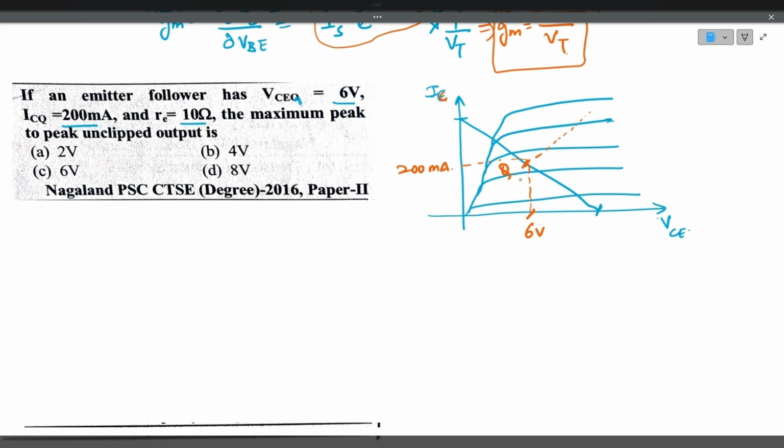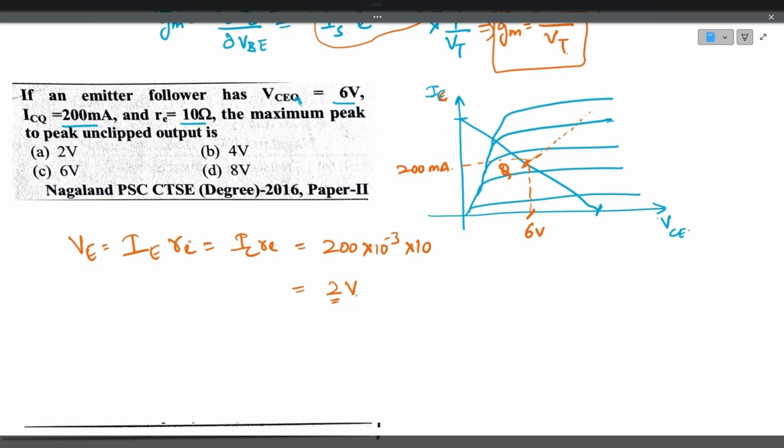Now the maximum peak-to-peak unclipped output is what we need to calculate. This is the midpoint. The emitter voltage is the emitter current multiplied by the emitter resistance. Here I am considering emitter current equal to collector current. So ICRE, that is 200 milliamperes multiplied by 10, equals 2 volts. But this is only one side.